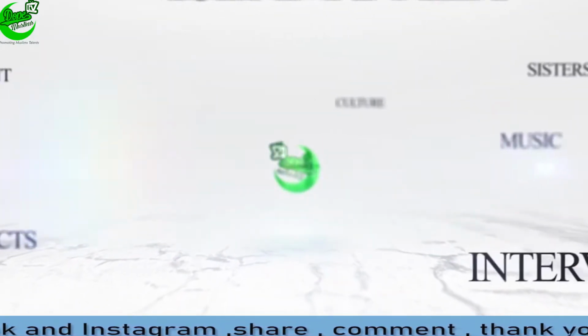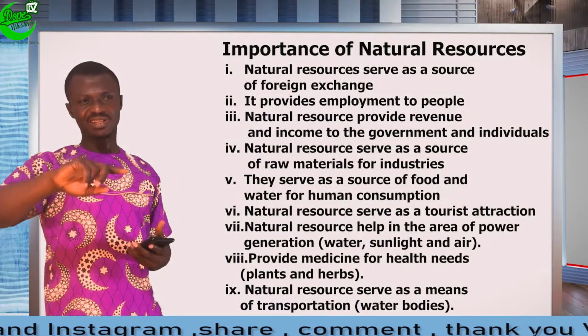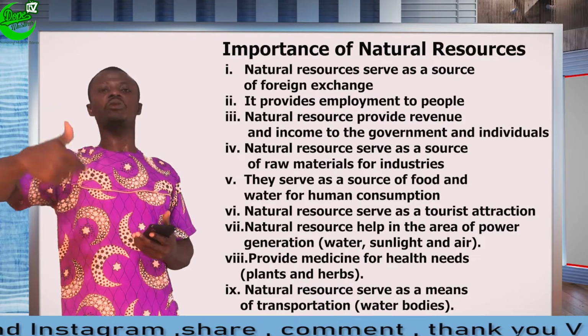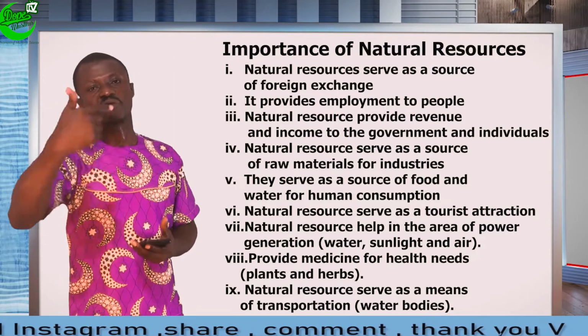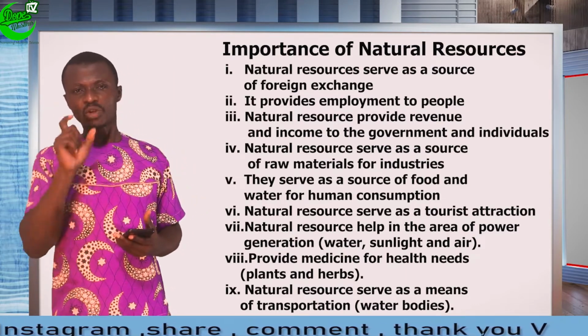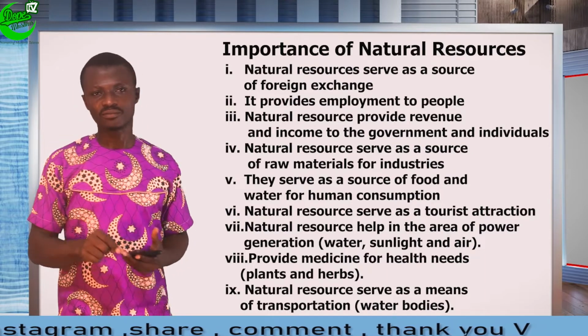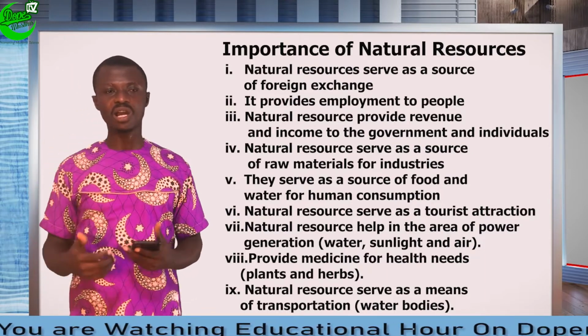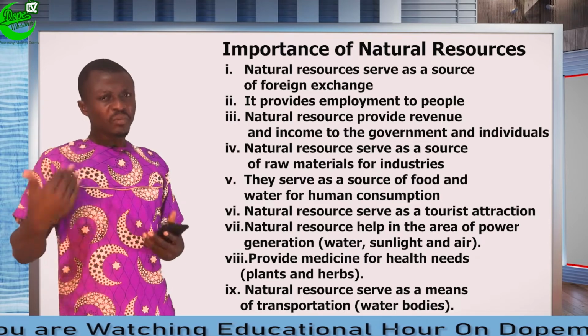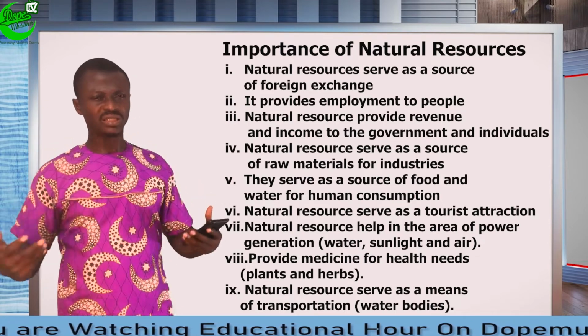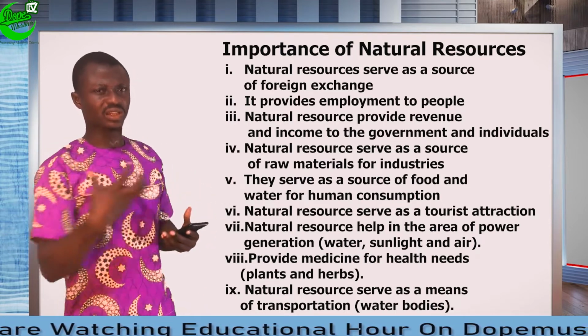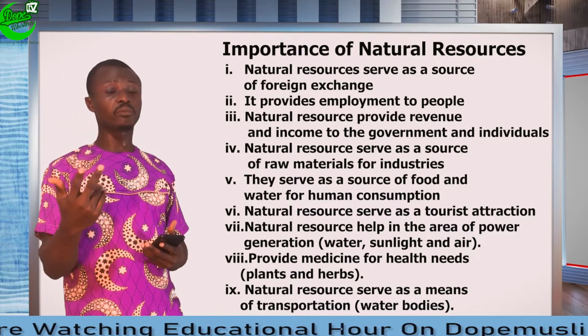Tourists. When they come in, they also spend in the country. So the rippling effect is that it's also going to help in the area of what? Revenue generation. Because of that mountain, because we have Boti Falls, we have Kintampo Waterfalls, people go there to have fun. It attracts what? Tourists.